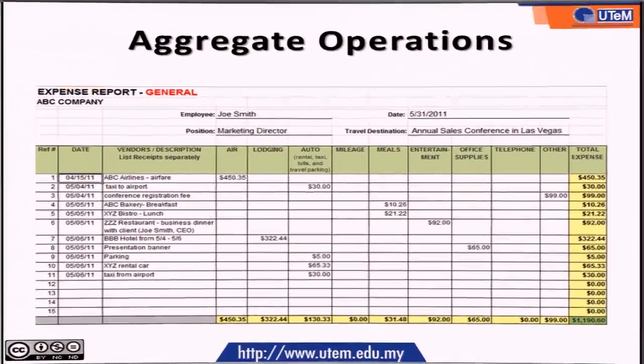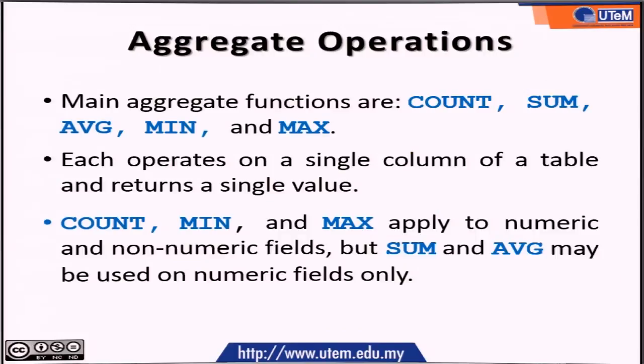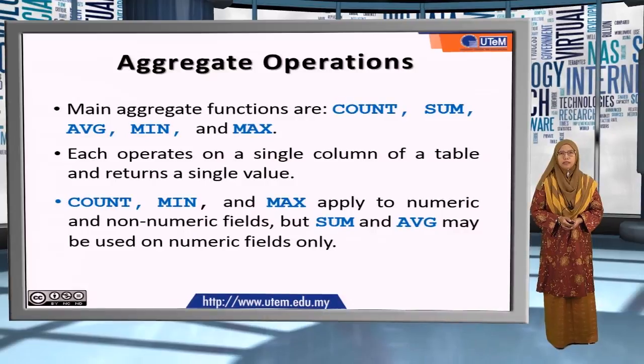For example, from the expense report for ABC company, as shown in the slide, we can get the total expense from the total expense column values using the aggregate function sum. There are 5 main aggregate functions, which are count, sum, average, min, and max.